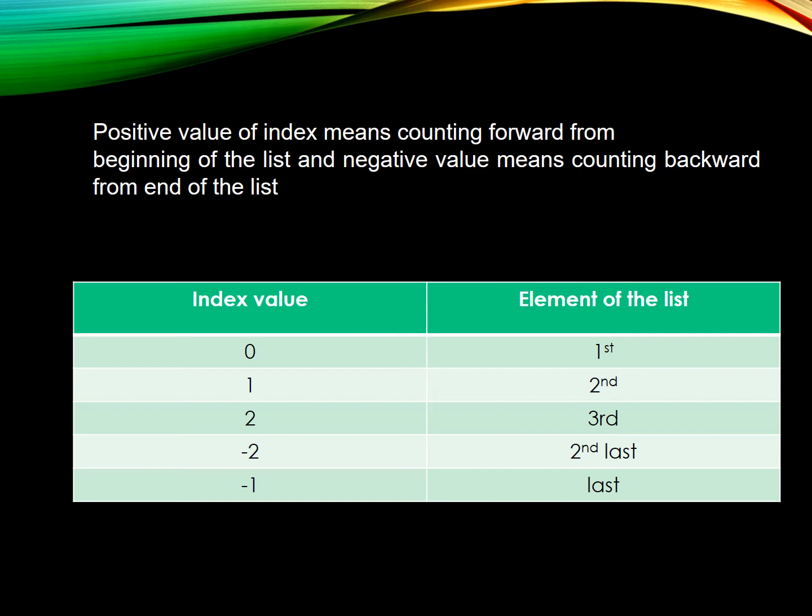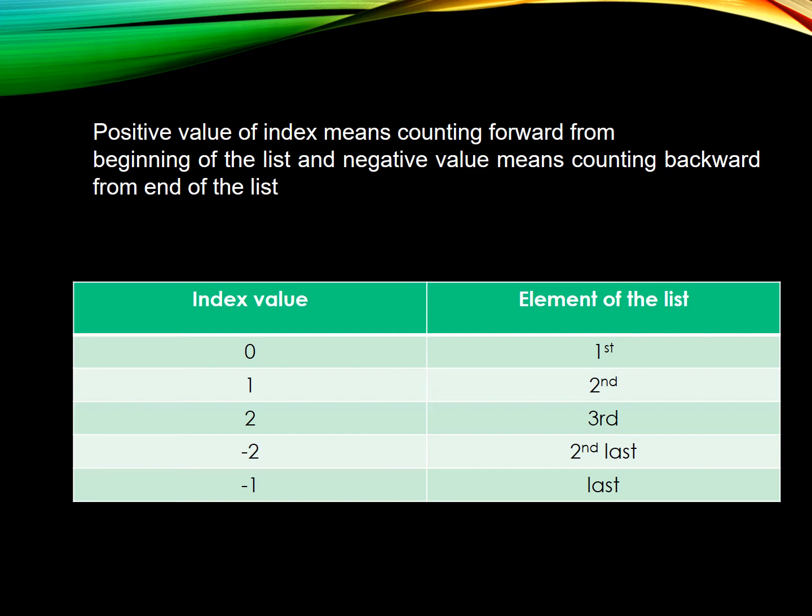If the index value is 2, it will refer to the third element in the list. And if the index value is negative, suppose -2, that means it will refer to the second last element in the list. If the index value is -1, it will refer to the last element of the list.